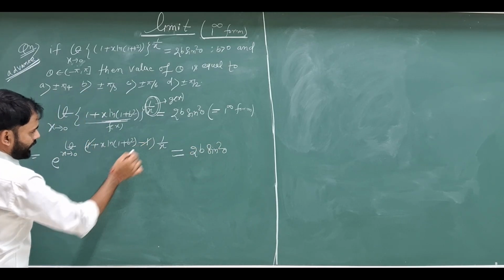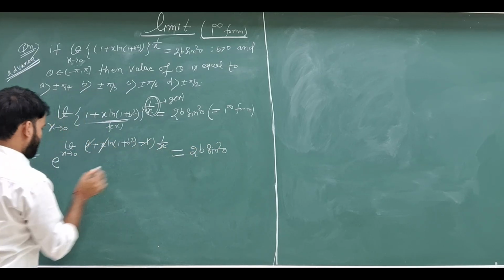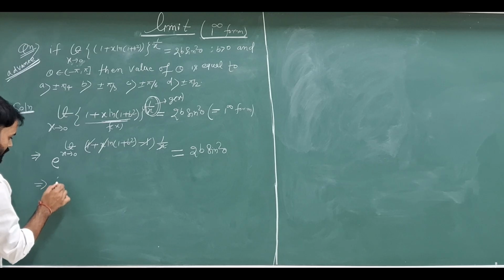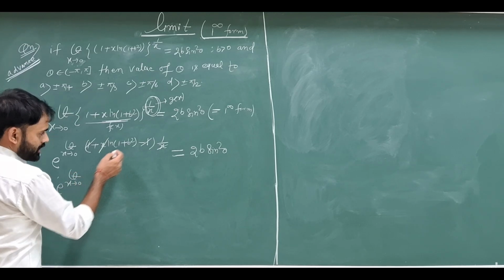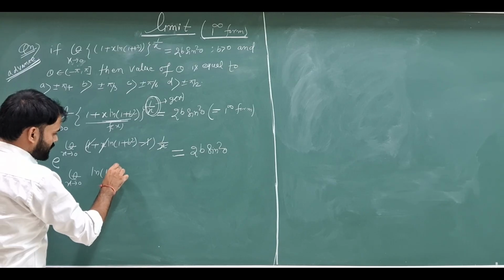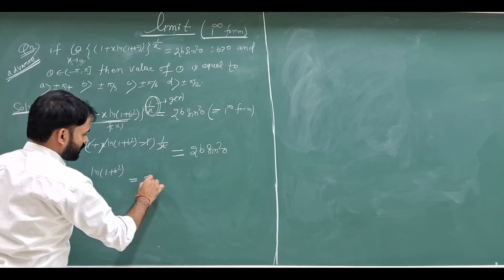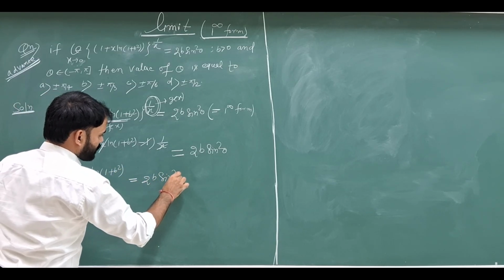You can see this is cancelled, x is also cancelled. So e to the power limit x tends to 0 of ln of 1 plus b square is equal to 2b sin square theta.